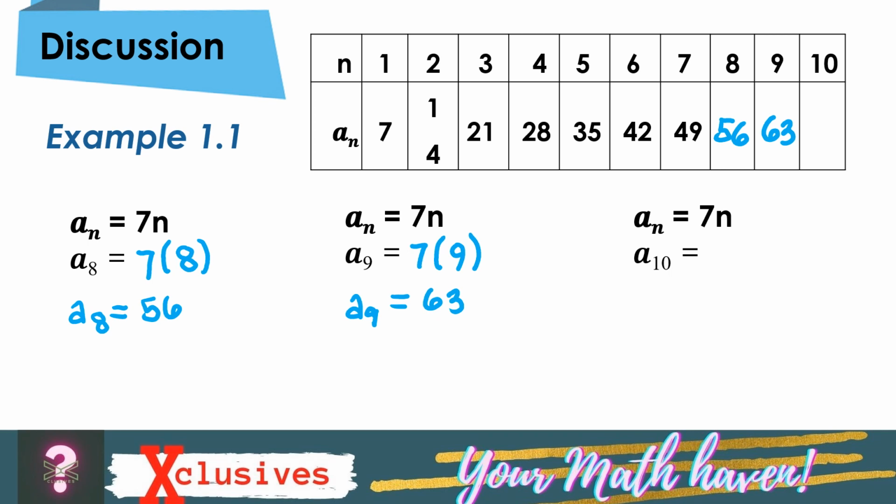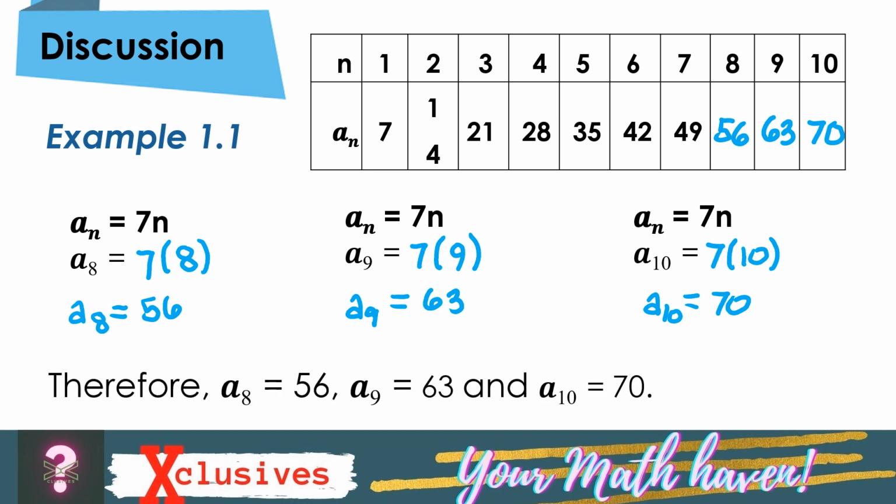And lastly, for the 10th term, that would be a sub 10 equals 7 times 10. That will give you 70 for our 10th term. And we have finally completed our table. So, therefore, our 8th term is 56, our 9th term is 63, and our 10th term is 70. I hope you get that.